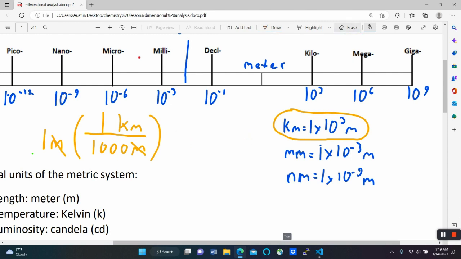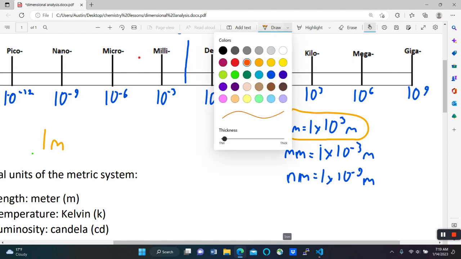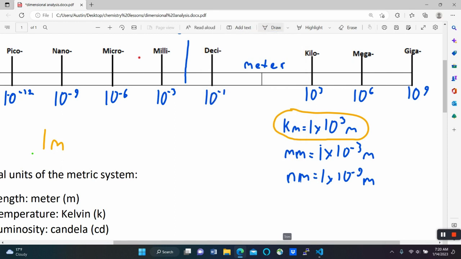Similarly, say that we were given 1 meter and we were asked to express its equivalent length in millimeters. Well, we know that there are 1 times 10 to the negative third meters in 1 millimeter.